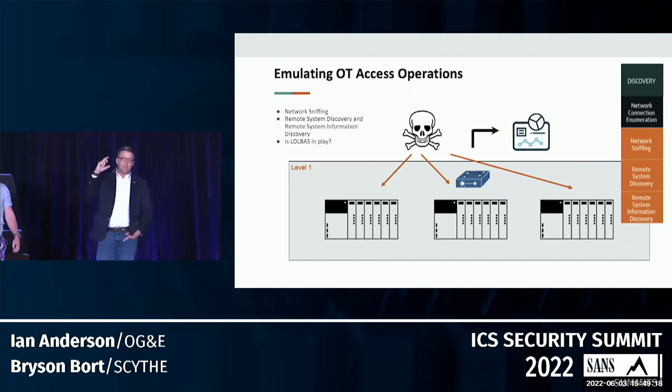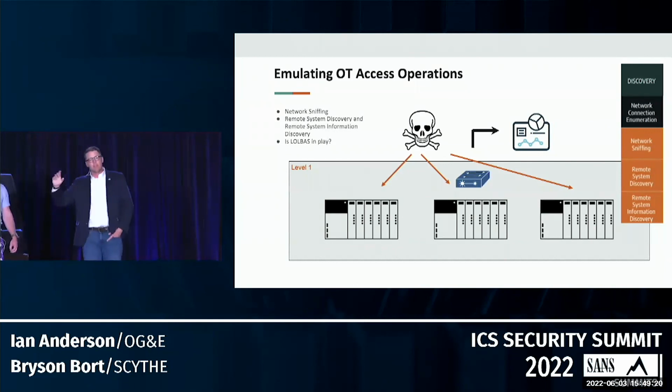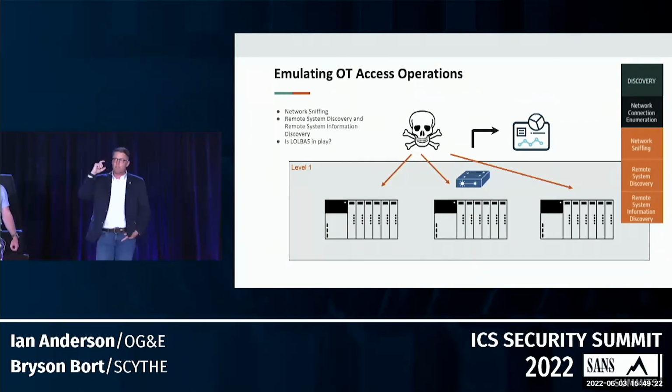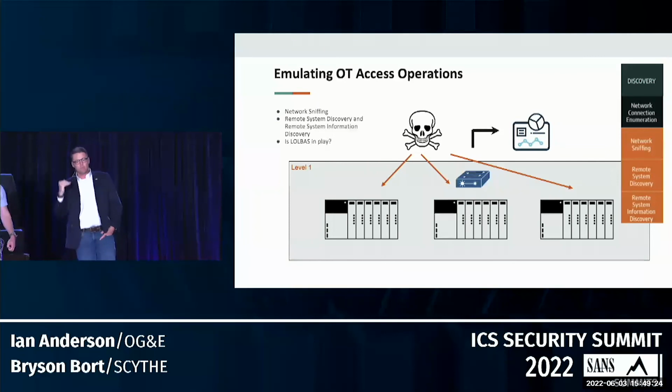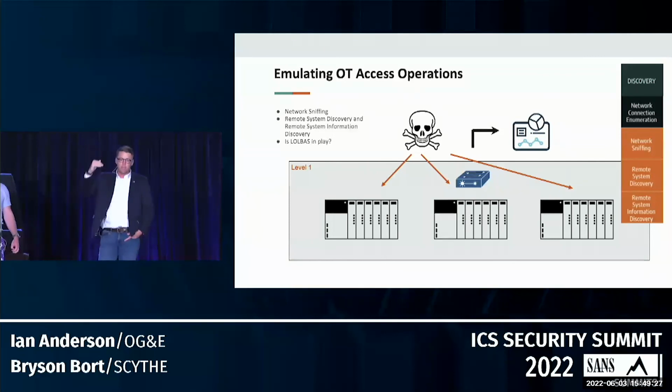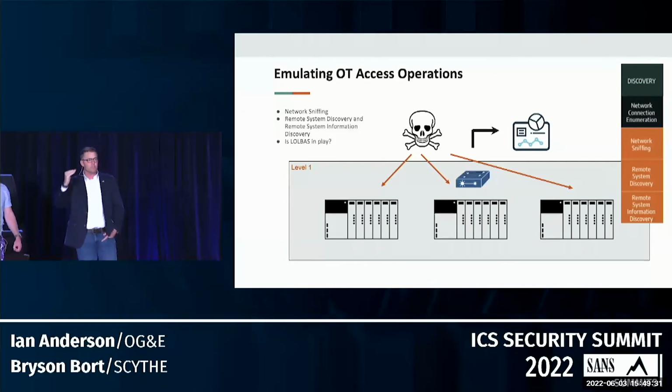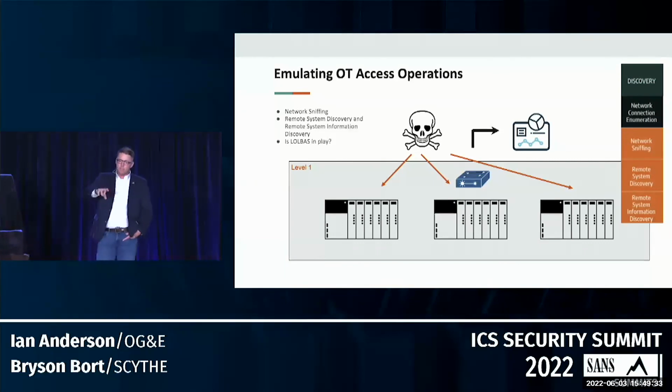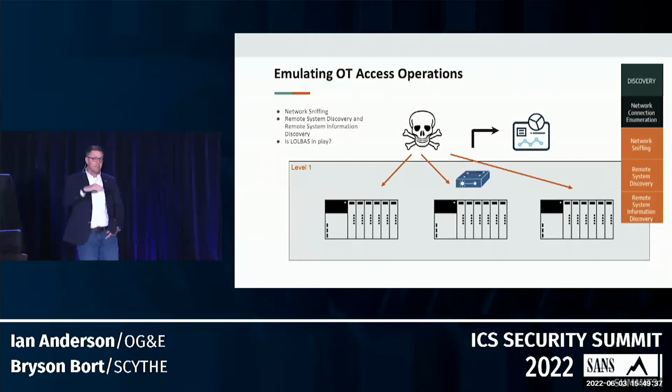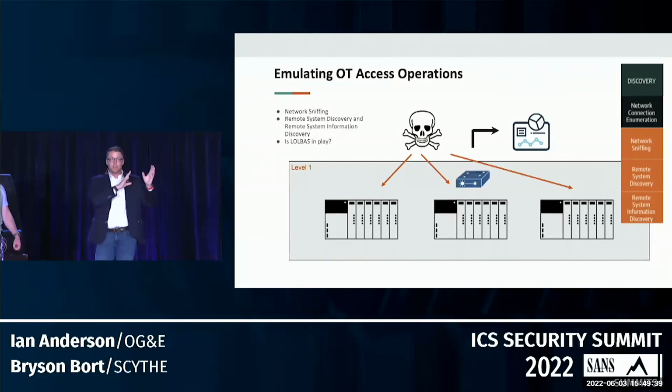But being able to act as the adversary, like Bryson was talking about, where you have an attacker at level 2 now moving down to level 1, using things like LOLBAS or doing discovery operations or things like that. You need to know whether or not you can see those things, because if we go back to the kill chain, that's really your last line of defense, that barrier between that engineering workstation, that HMI, to your PLCs and RTUs and things like that.